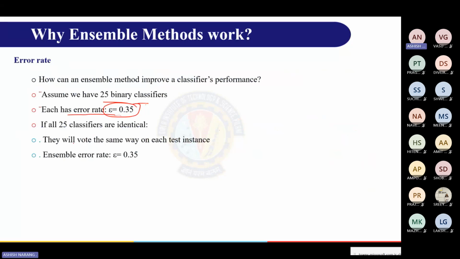They will vote the same way on each test instance, and the ensemble error rate will also be 0.35. So if you have identical classifiers which do not have diversity, you are not going to get a reduced error rate with the ensemble. Diversity has to be there.